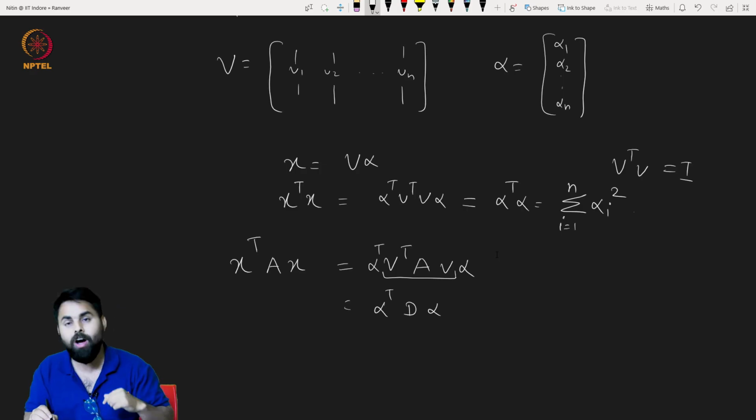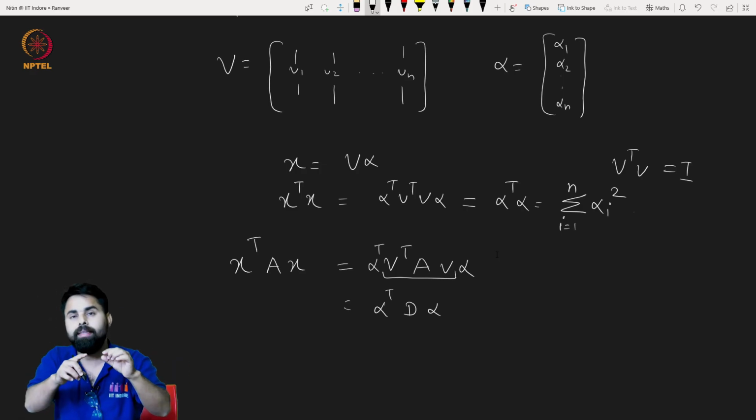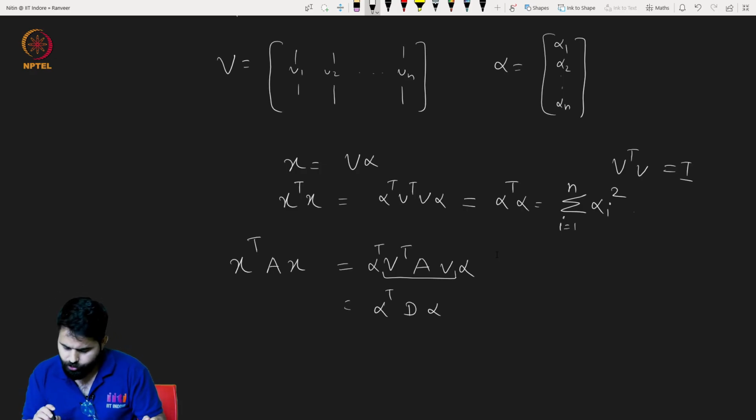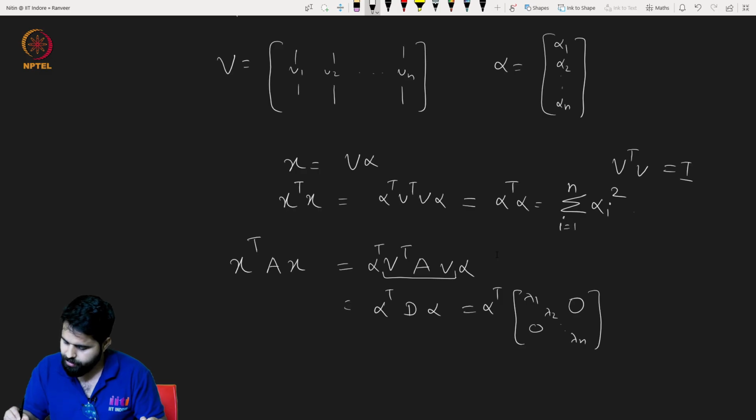So on the diagonal of D there will be lambda 1, then lambda 2, up to lambda n. The rest will be zeros.